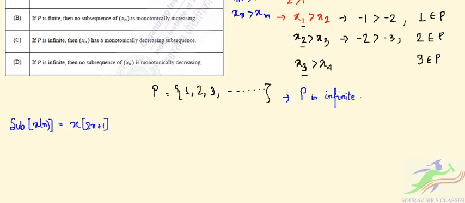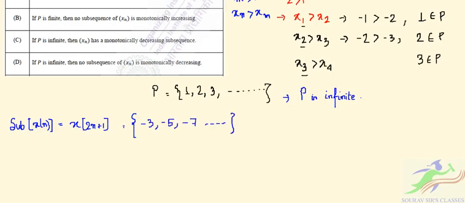Putting in the values, we get minus 3 for n equal to 1, minus 5, minus 7, and so on to infinity.